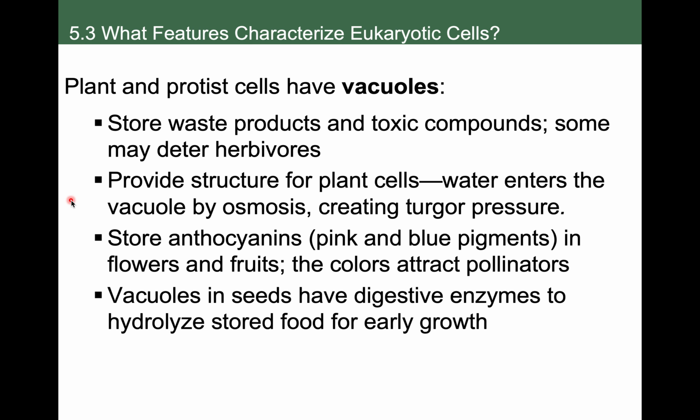If you have a plant that is wilted, that is because the vacuoles are not full of fluid in that plant, and the cells are a little bit soft and a little too flexible, so the plant flops over. You fill the vacuoles back up with water, you get this pressure that will allow it to stand up.